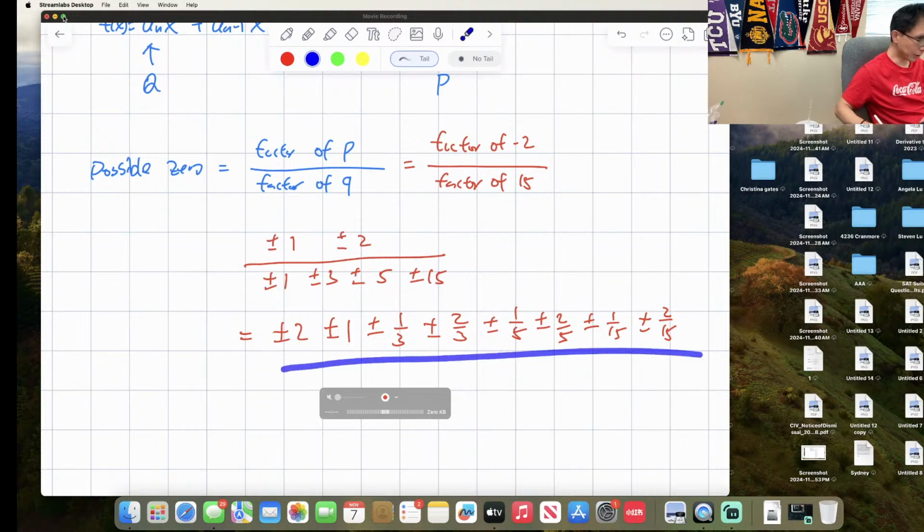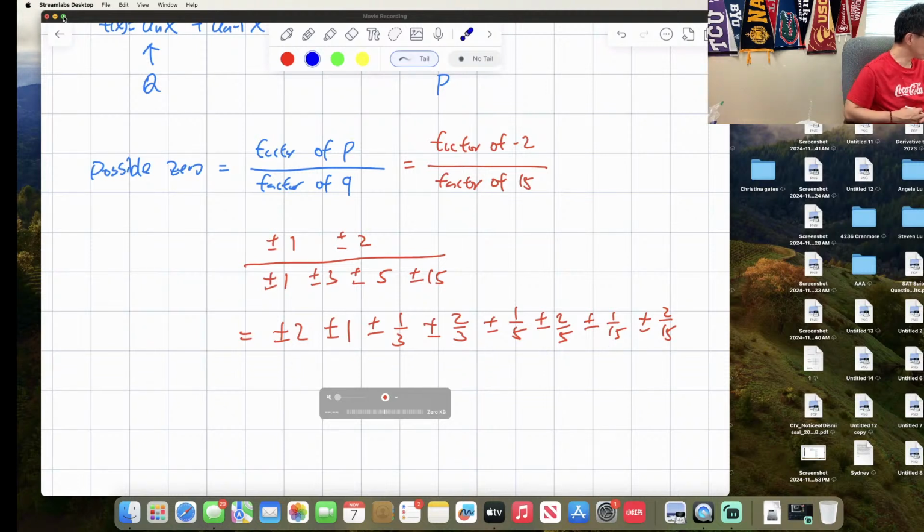That's why I got all those possible zeros. It'd be 1, 2, 3, 4, 5, 6, 7, 8. Is this confusing?